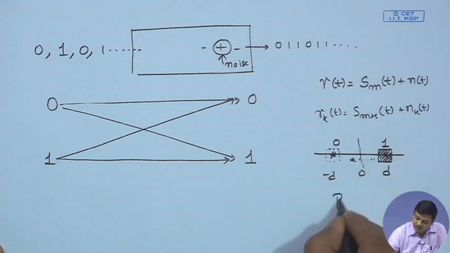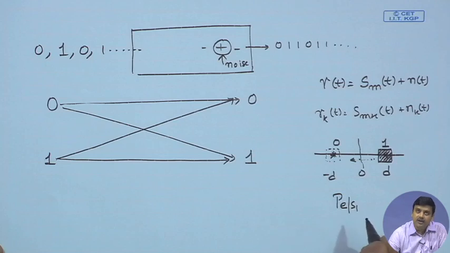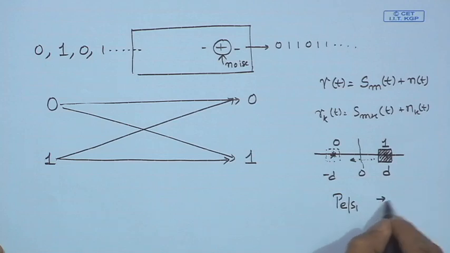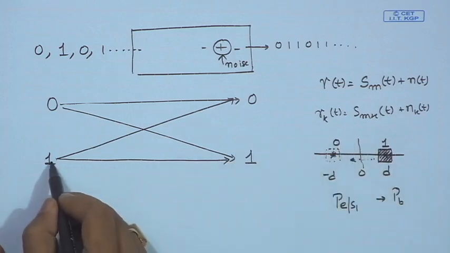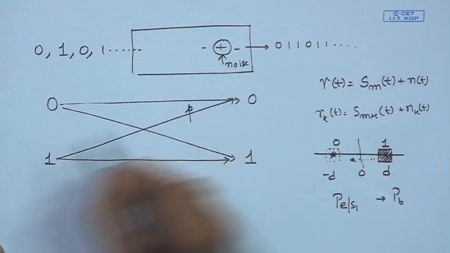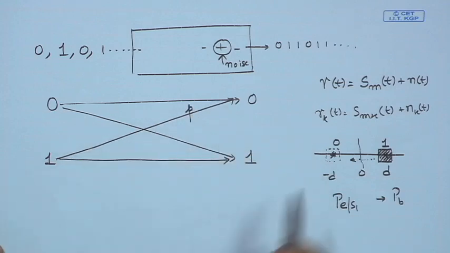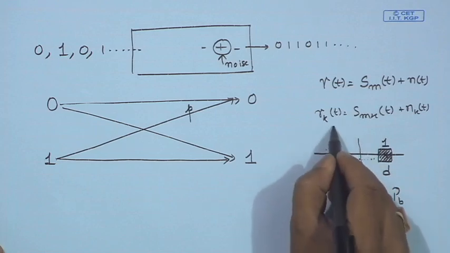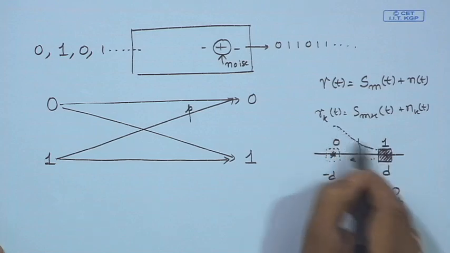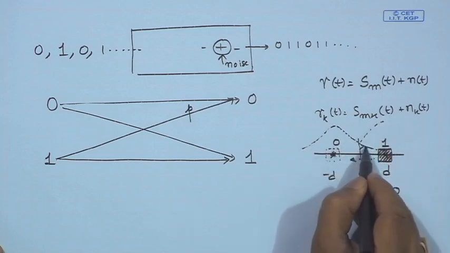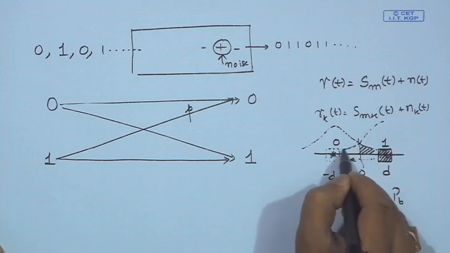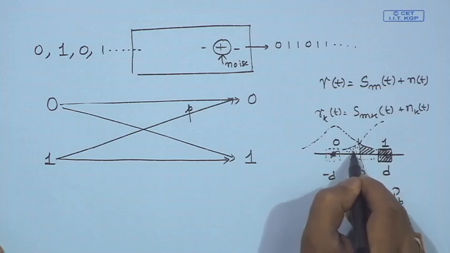We have calculated the probability of error given S1. For BPSK this turns out to be the probability of bit error. That means, the probability that when a 1 is sent it becomes a 0 is p. Similarly, probability of 0 becoming a 1. How we calculate it is by considering the conditional PDF, and the probability of 0 becoming a 1 is the area under this curve, and the probability of 1 becoming a 0 is the area under this curve, right.